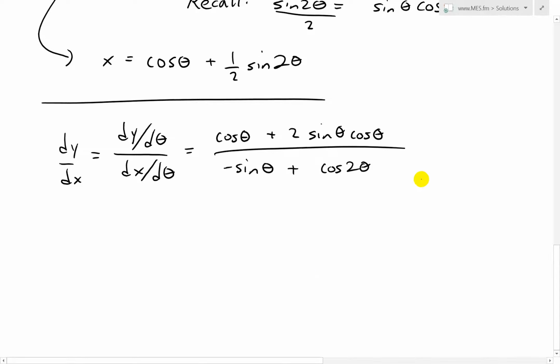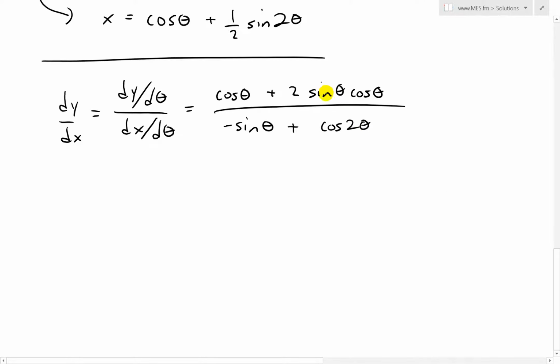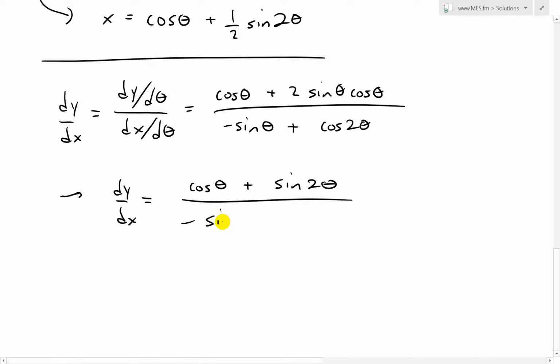Now let's write it down and simplify. dy over dx equals cosine theta plus sine 2 theta, over minus sine theta plus cosine 2 theta. You can see the pattern: cos 2 theta, sine 2 theta, and this is just sine theta.